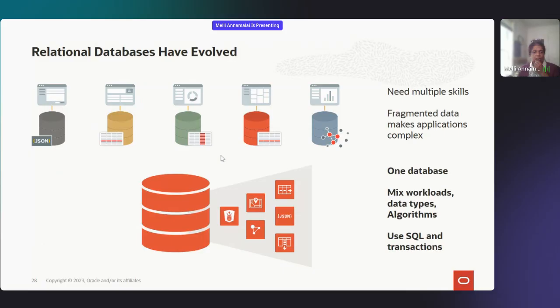So instead, and it's not just Oracle, other relational engines are following this as well, let's see whether we can integrate all of these different data types into one database. Then the developers can focus on getting the job done and not worry about managing it and keeping it available. All of that will be managed by standard database infrastructure.